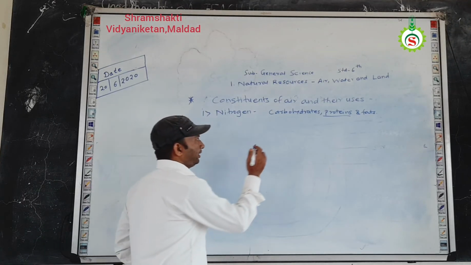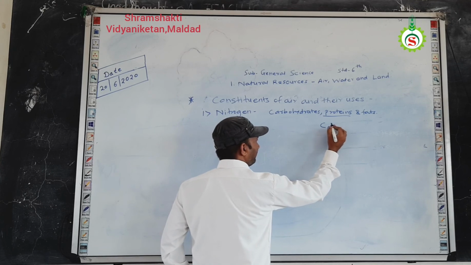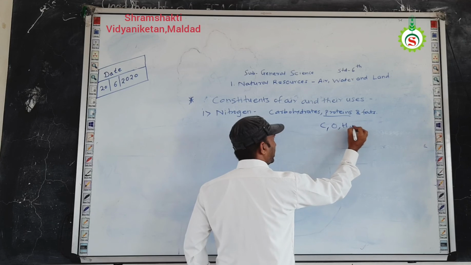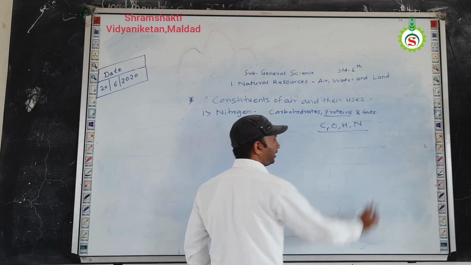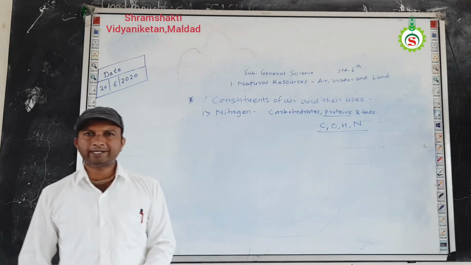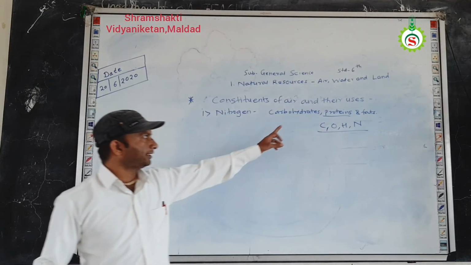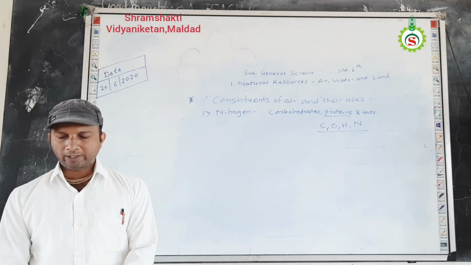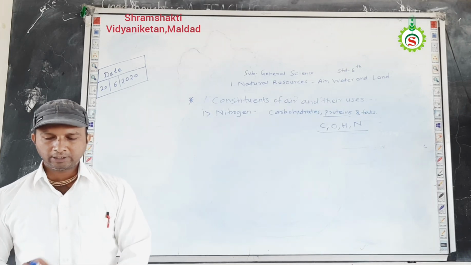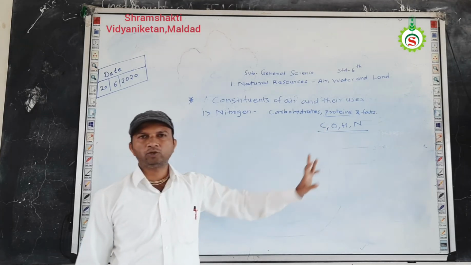Proteins consist of four elements: carbon, oxygen, hydrogen and nitrogen. So nitrogen is important for manufacturing proteins in organisms. Understand? So the first use is that nitrogen is used for making proteins in the human body.